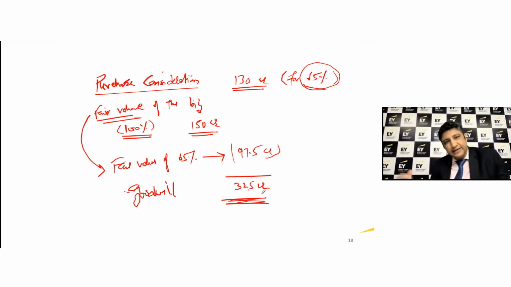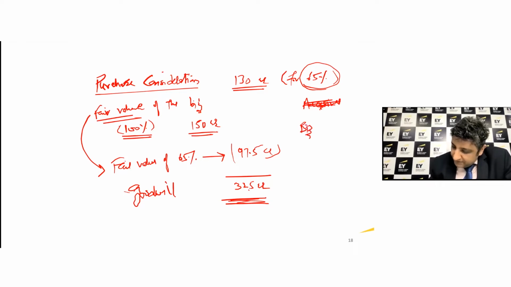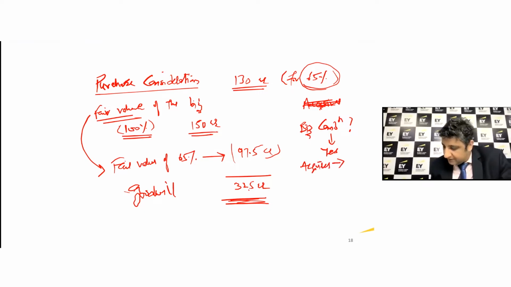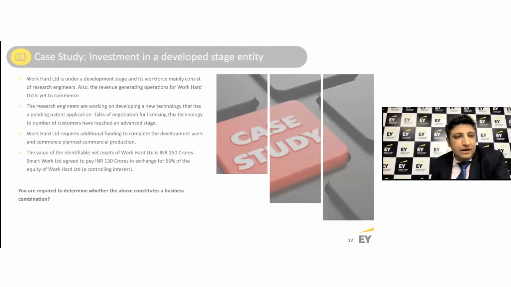You don't want to go further than this, but what you want to remember here is the first question: is there a business being acquired, or is there a business combination? The answer is yes. The question is, who is the acquirer? We are provided that the acquirer company is Smart Work Limited.